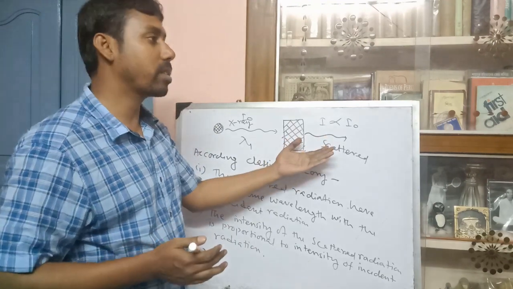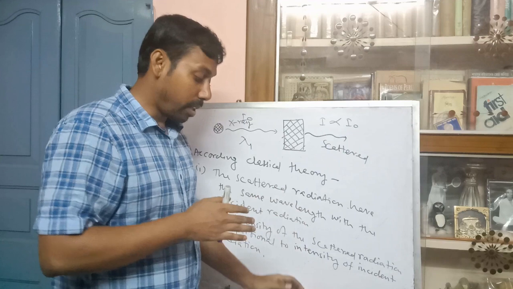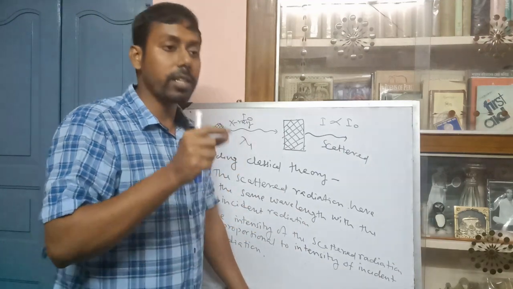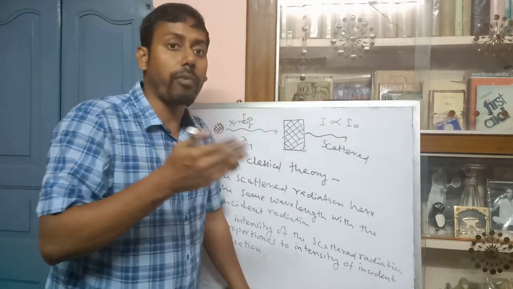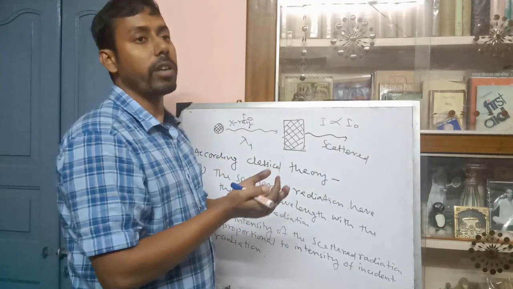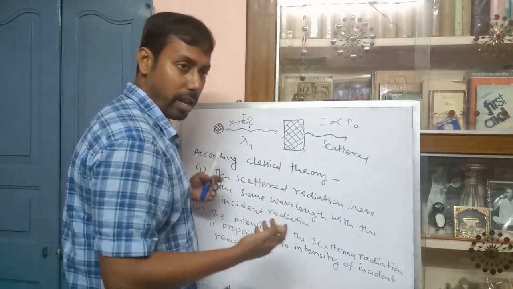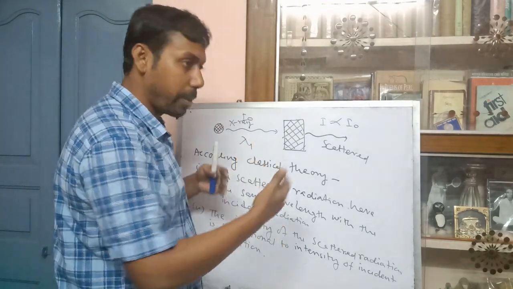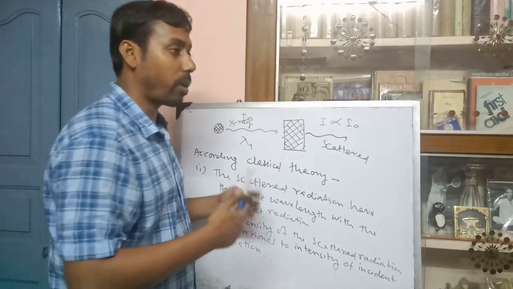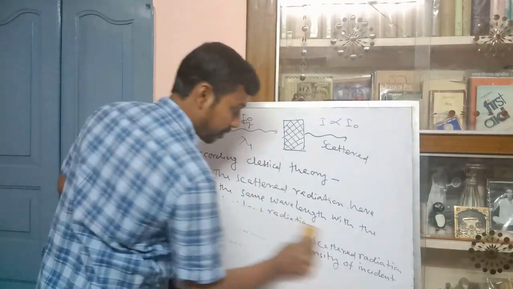Now, to explain this, it was Compton in the year 1924 who explained it by considering the light or radiation as having a particle nature, and very beautifully explained this phenomenon. Now we will tell what the experimental setup is, and later the explanation given by Compton, and that is the Compton effect.